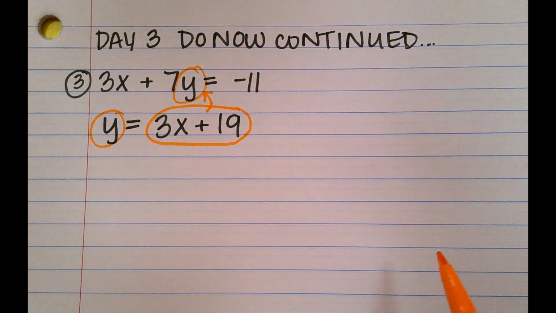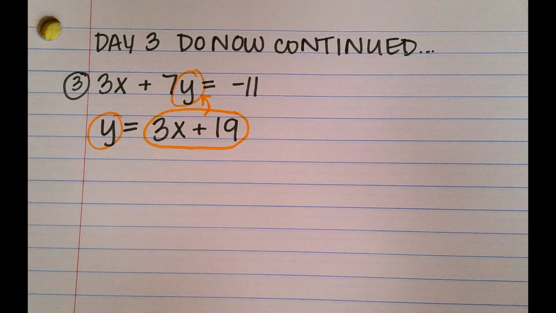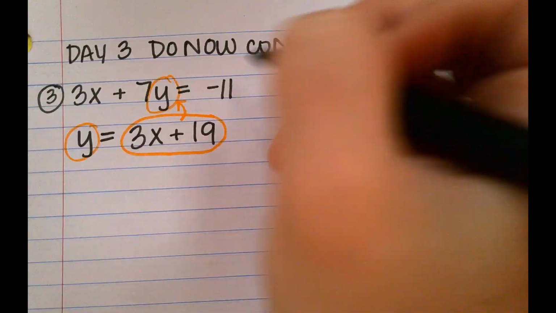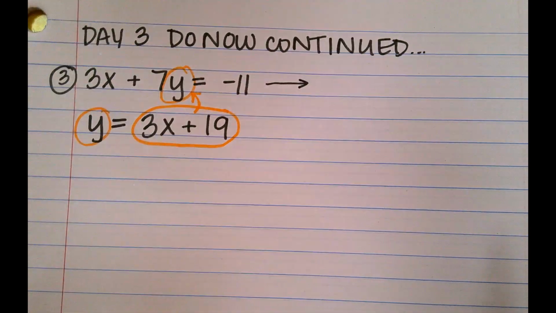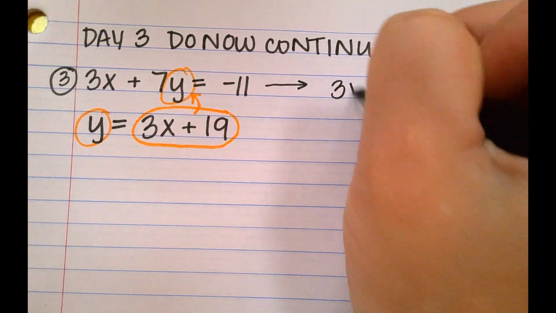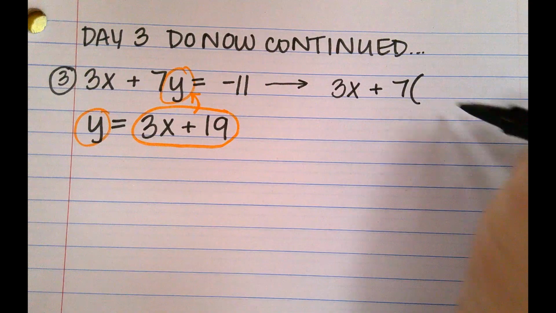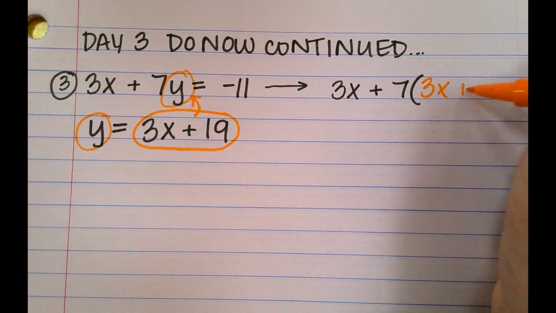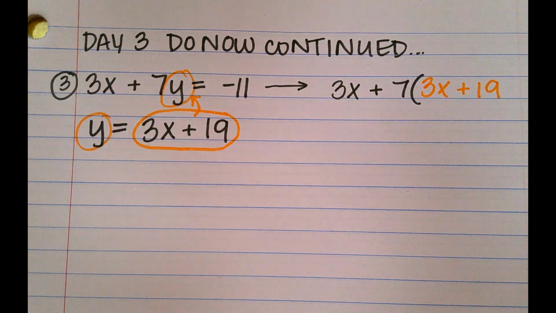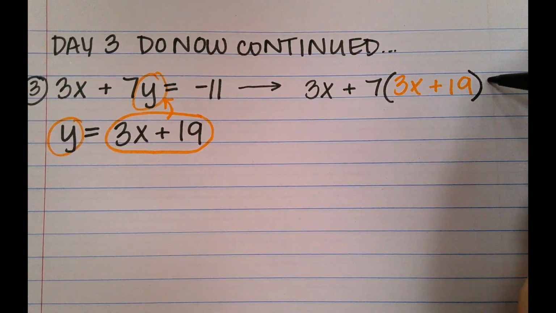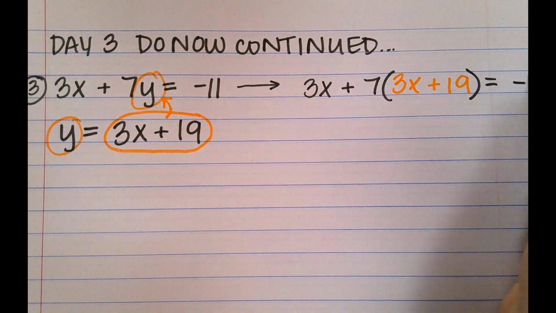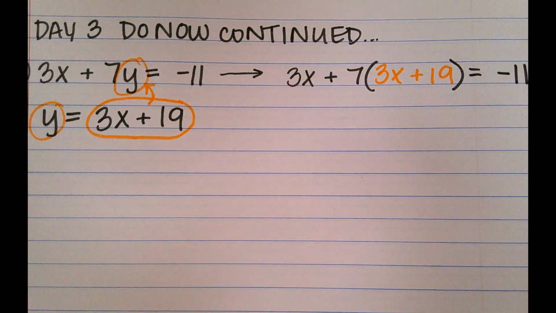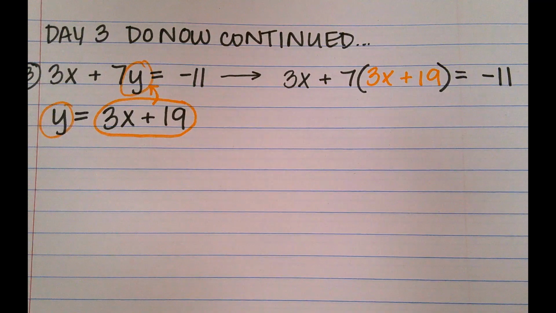Okay, so my next step is let's actually write this as being plugged in. I have 3x plus 7 times, not y, I'm going to write the 3x plus 19, equals the rest of my equation, negative 11. Where do I go from here? Multiply.